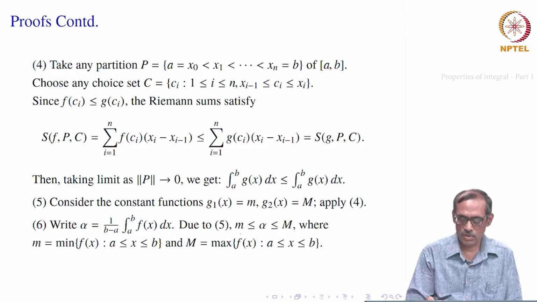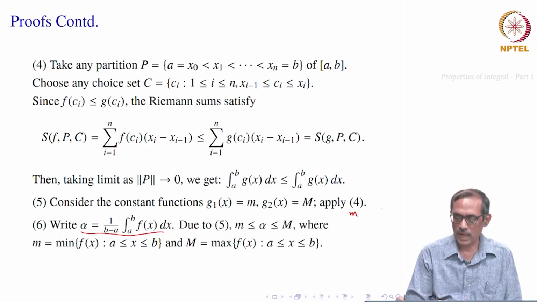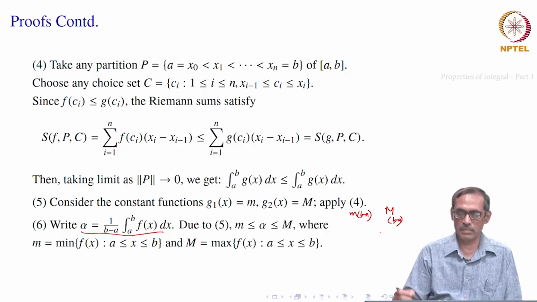We choose, okay, let us write alpha equal to 1 by b minus a times the integral from a to b of f of x. So, this is a real number. Now, due to 5, we see that m is less than or equal to alpha less than or equal to capital M. Why? 5 says if the function lies between m and M, then the integral will lie between m into b minus a and similarly M into b minus a.